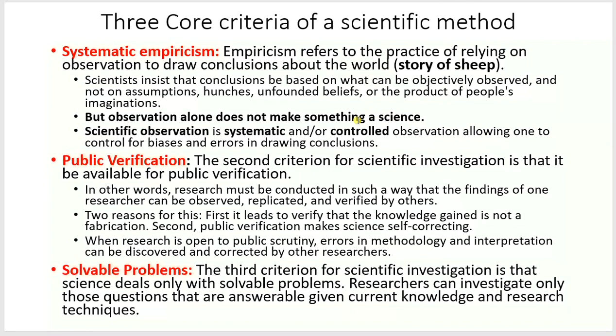And when I say controlled, we control the extraneous variables, the factors that can bias and make our conclusions erroneous. When we control those biasing factors and then make observations, that is called scientific observation, and this type of observation is called systematic empiricism.